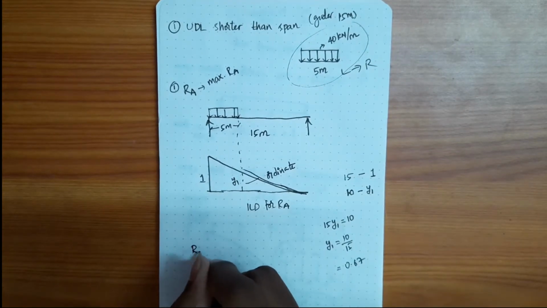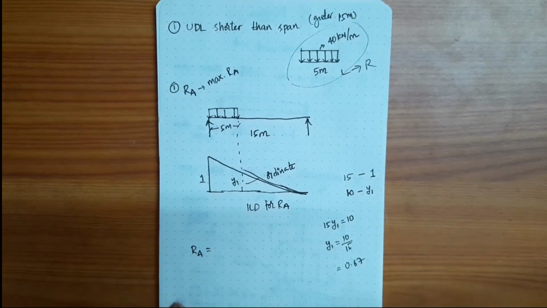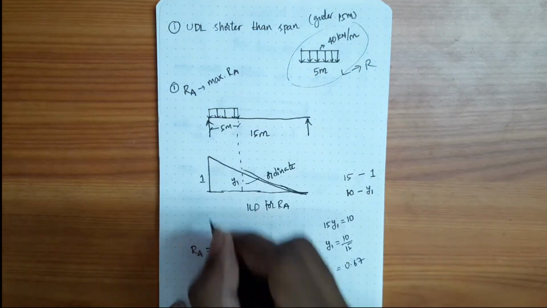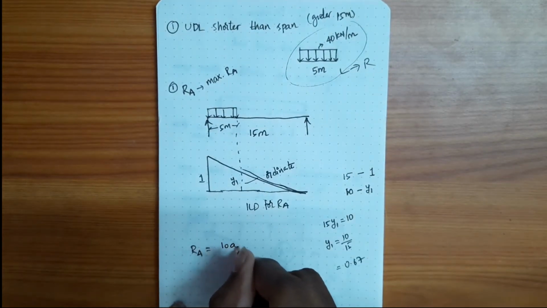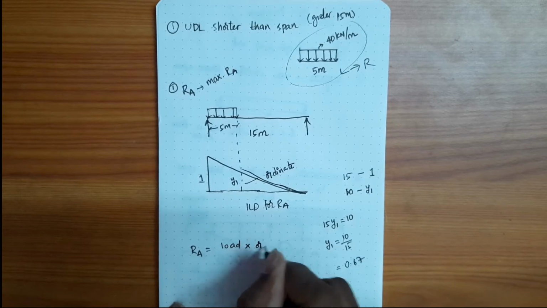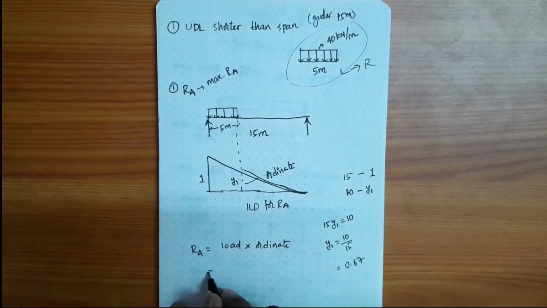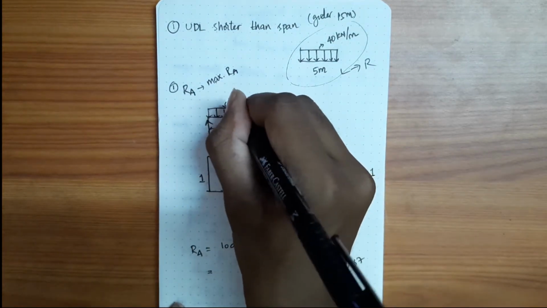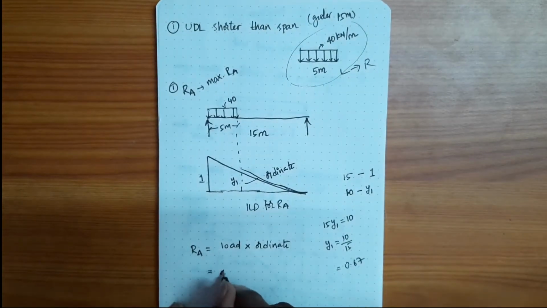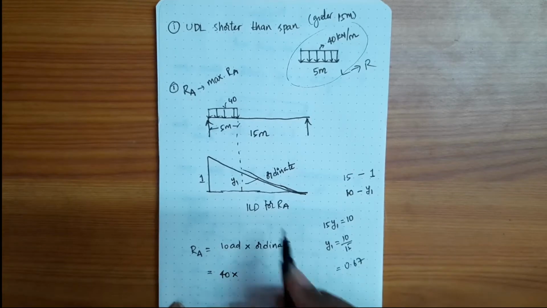Okay, now maximum reaction at A is equal to load into ordinate. So load multiplied by ordinate. Okay, so here load is 40, multiplied by ordinate.